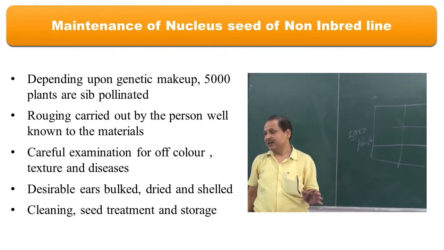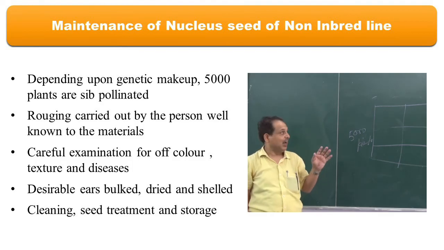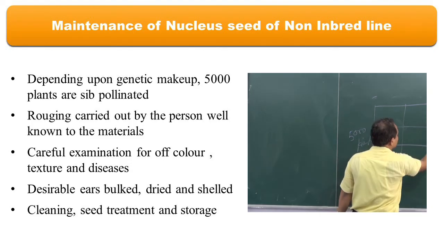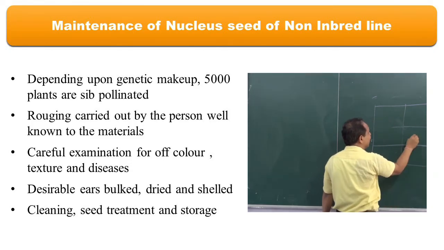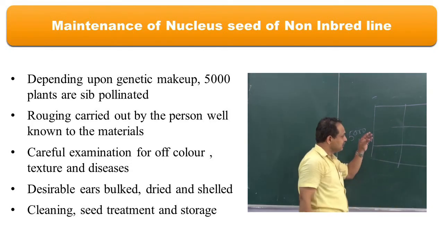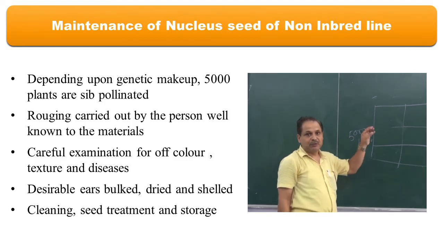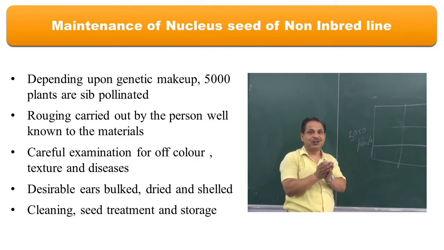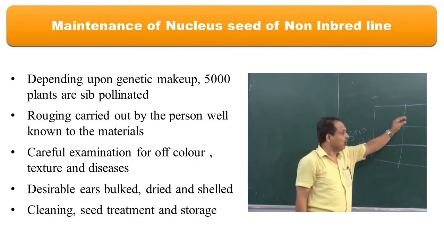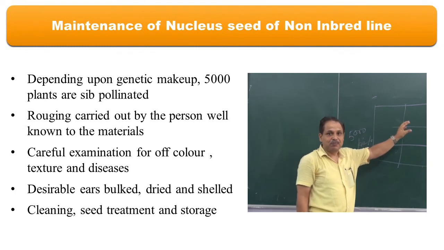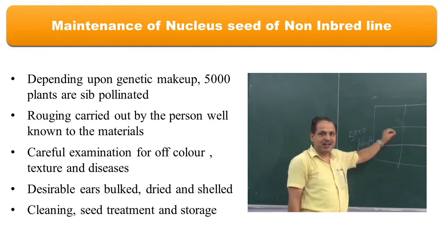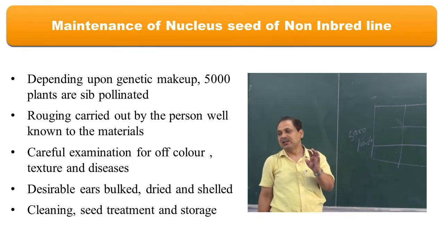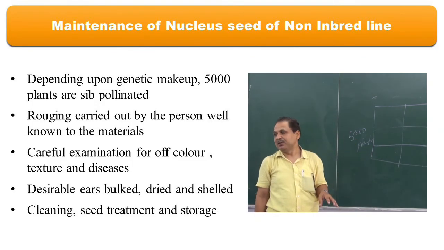We select an equal number of plants from each and every compartment, and then the selected plants are sib-pollinated. It means we collect pollen from different plants and pollinate the selected plants, the 5,000 plants.